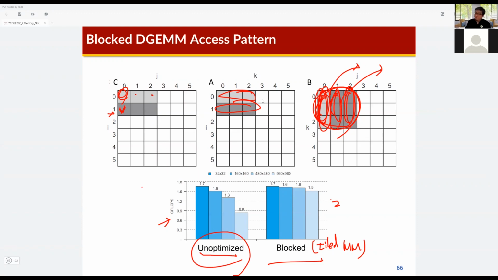But what's the problem? Performance. But if we write a smart program considering the hardware architecture or hardware characteristics of the processor, then we can improve the performance.